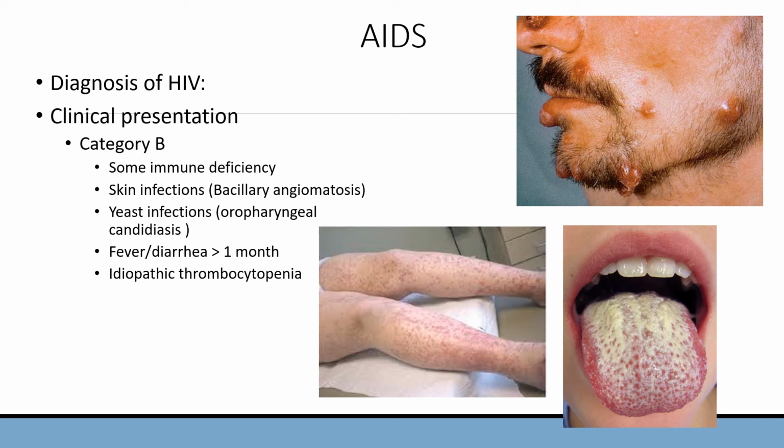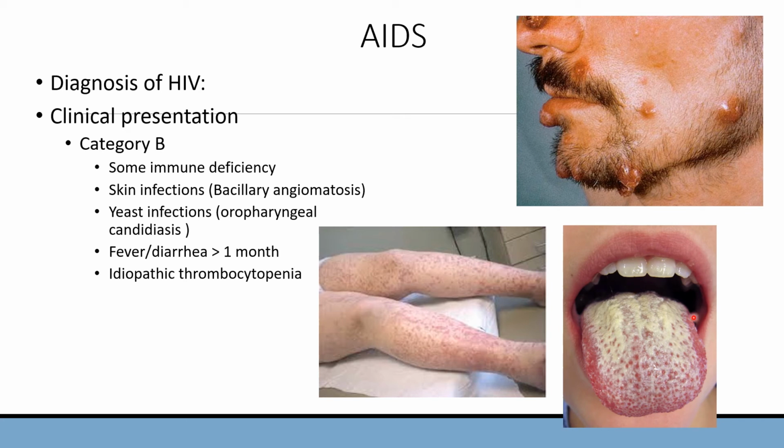So we develop some immune deficiency in which we're seeing opportunistic things take hold. You could get bacillary angiomatosis, which are skin infections, which is right here. You could end up developing yeast infections on mucous membranes, like your tongue.